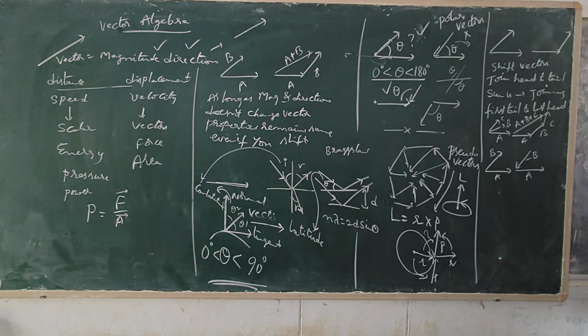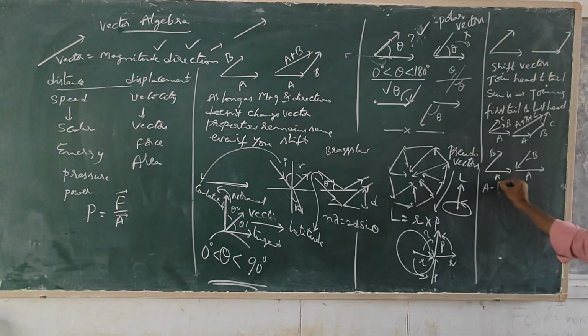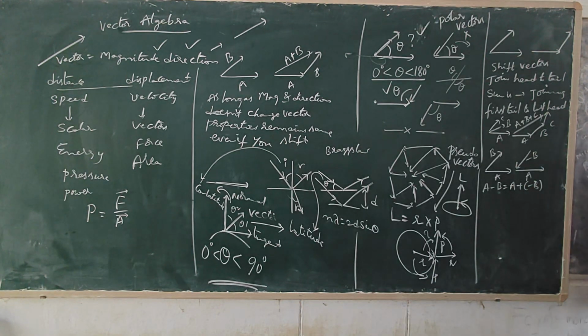Then you add. So a minus b etla rastunaru? A minus b can be written as a plus of minus b. So I am generating minus b by flipping the vector b and then I have to add these two. So this is a plus minus b. Right? This is a minus b.